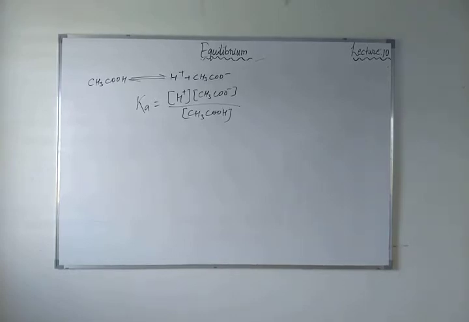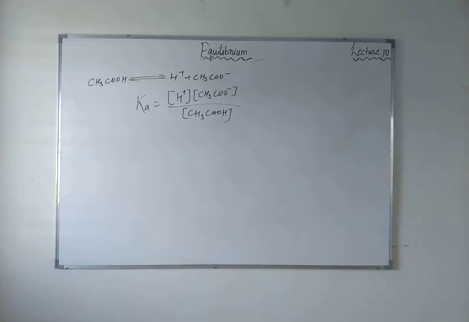This phenomenon is an example of common ion effect. It can be defined as the shift in equilibrium on adding a substance that provides more of an ionic species already present in the dissociation equilibrium.